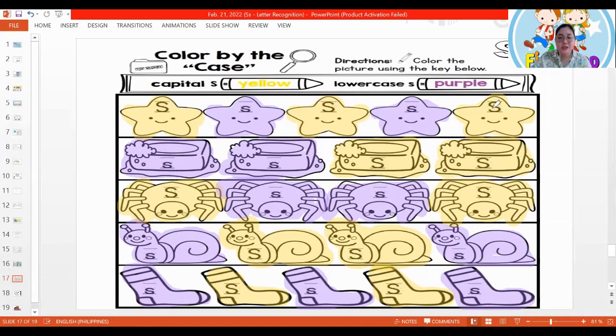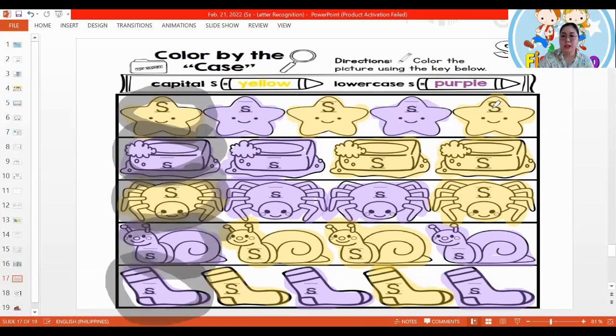Very nice. So we learned about the letter S. The sound of S is S. We also learned how to write our capital letter S just like a snake. We have letter S is for star, soap, spider, snail, and socks.